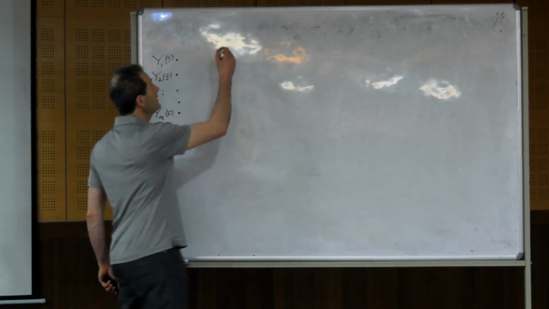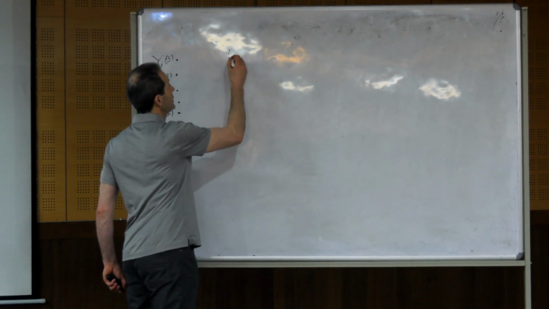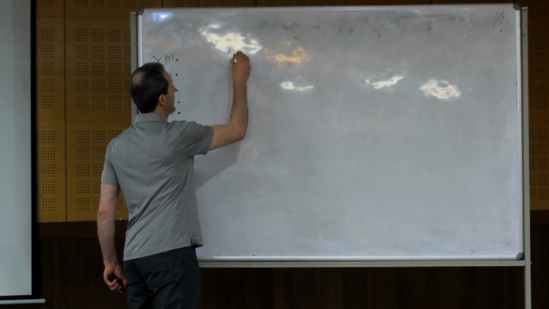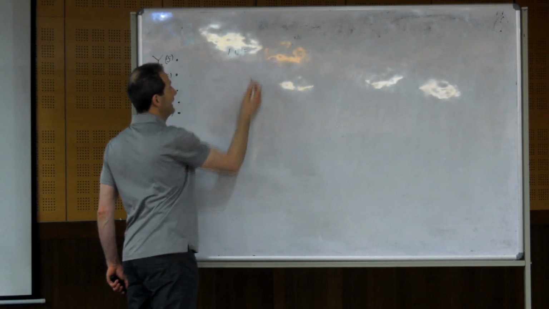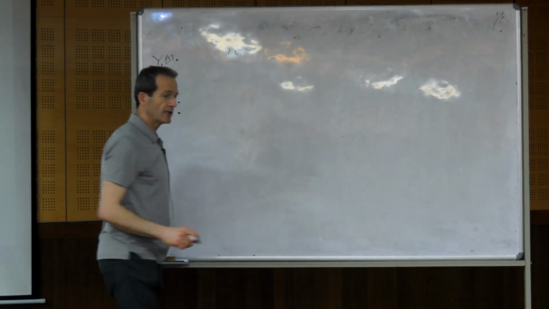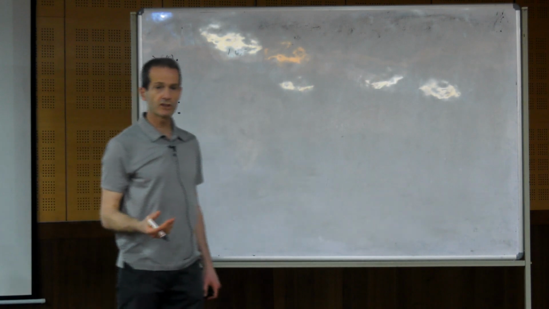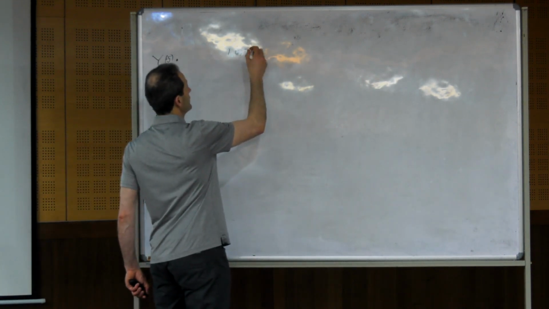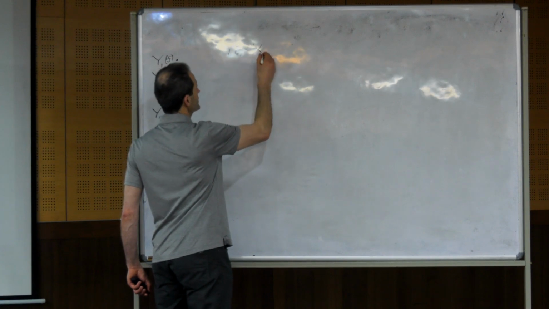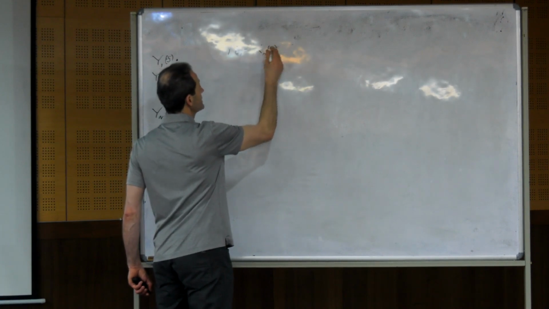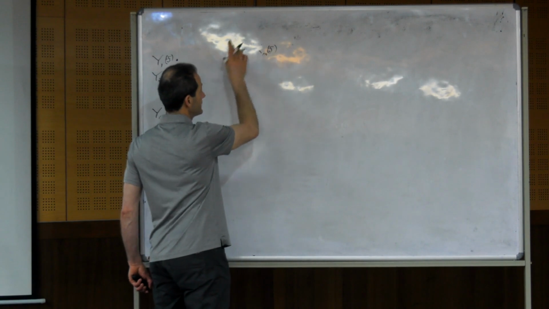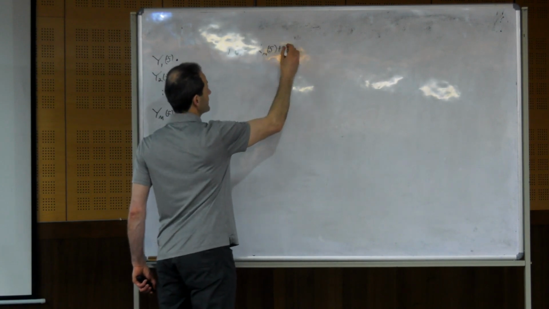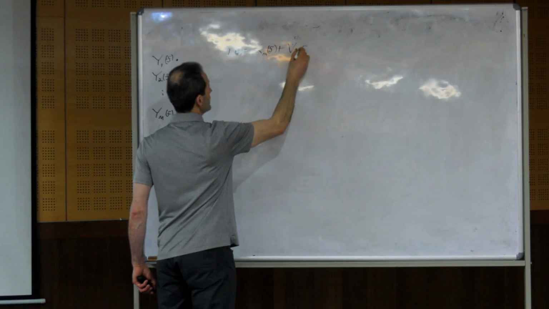So our model is that YMF equals some vector which is multiplied with the desired signal. It looks like that: XMF, which is the desired signal in that sensor, plus the noise.